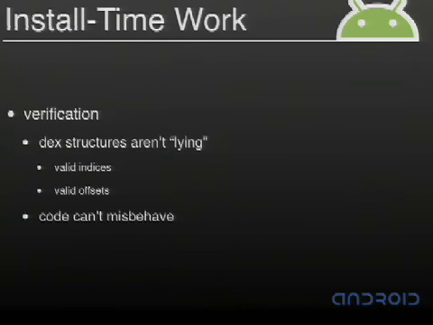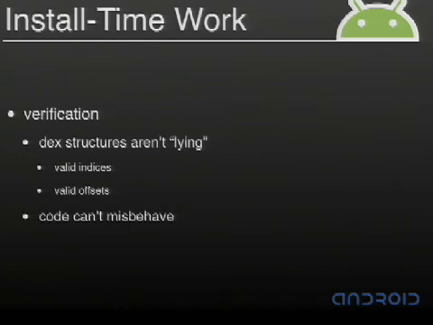So what are we doing to actually be efficient on the platform? So first of all, when an application gets installed, and also when the system itself gets installed, the system will do a lot of work up front to avoid doing work at runtime.